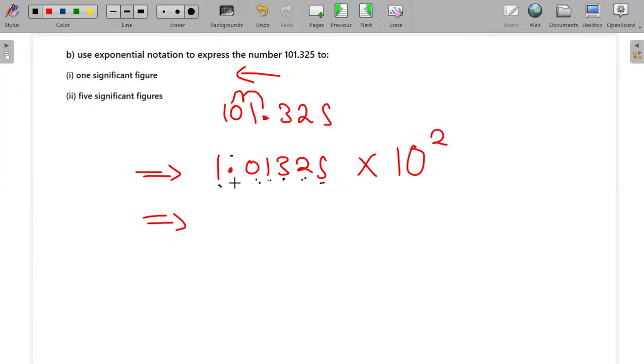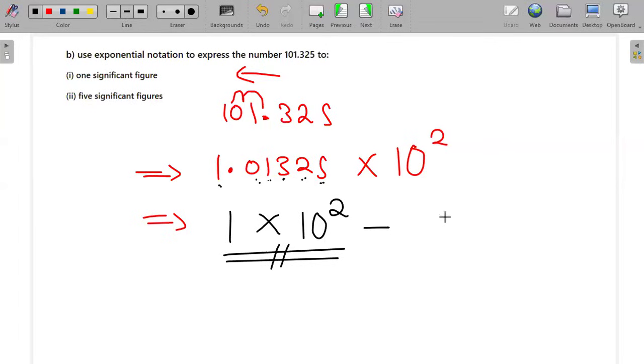I'm just going to remove this part here, because this is 1 point something. So we can round it off to 1. It's just going to be 1 multiplied by 10 to the power 2. So this number now has only 1 significant figure. That's how we can express this to 1 significant figure: just write 1 times 10 to the power 2. Any questions there?